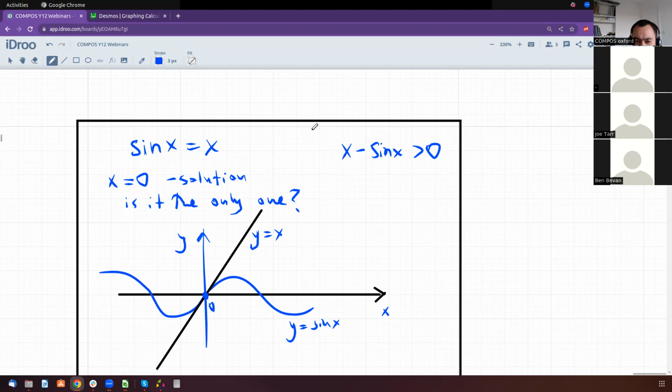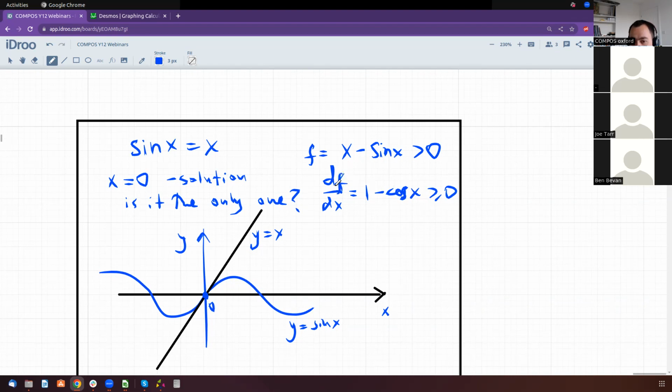Well, we can try differentiating it. Let f equal x minus sine x. Then df dx is going to be 1 minus cos x, and this is greater than or equal to 0.